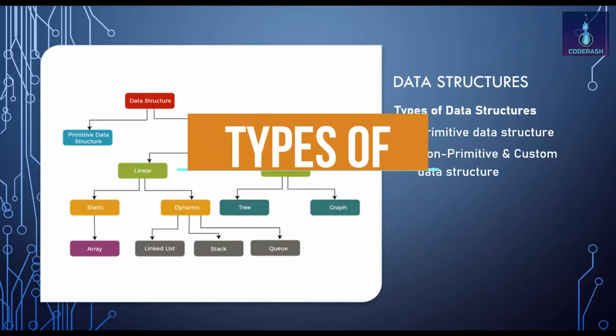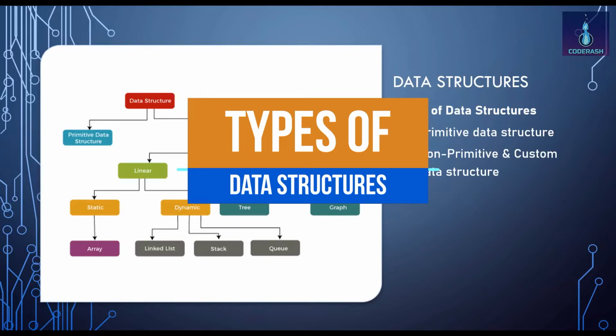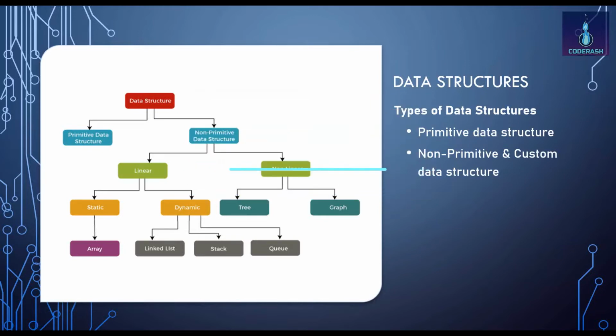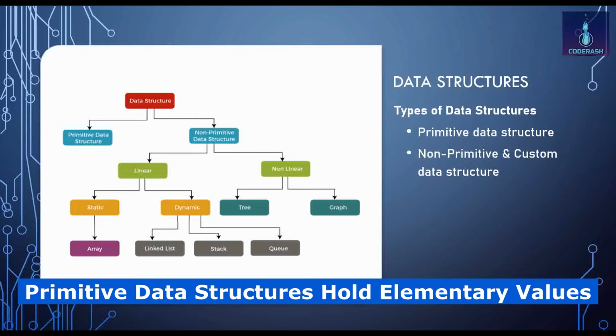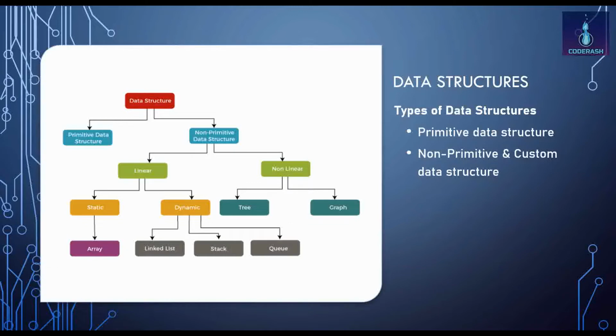Let us look at types of data structures. At a high level, data structures are divided into two types. One is primitive data structures and the other is non-primitive and custom data structures. Primitive data structures are those which usually hold a single or elementary value like a number, string or a character. You can compare these with the elementary or the native data types available in JavaScript.